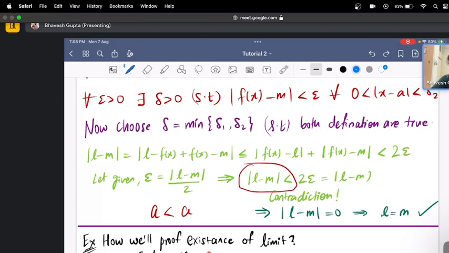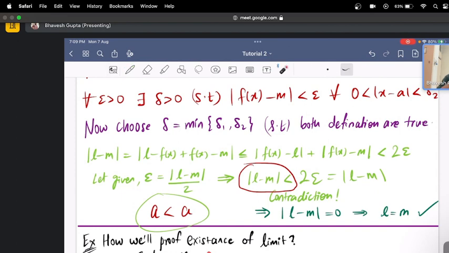In case you're not understanding, let me write this again. This tells you that the distance between L and M is less than 2 epsilon, but if I substitute this particular quantity over here, my 2 epsilon is basically the distance between L and M. And what I found is kind of a funny situation, which clearly says that my old assumption was wrong.